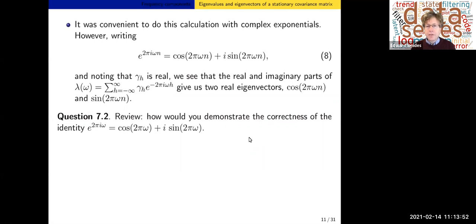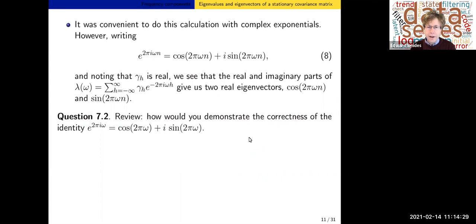If gamma h is real, then we get 2 real eigenvectors, cos 2 pi omega n and sine 2 pi omega n, and we have real eigenvalues, obviously. Now, depending on how comfortable you are with complex numbers, you may or may not want to think in terms of complex numbers.